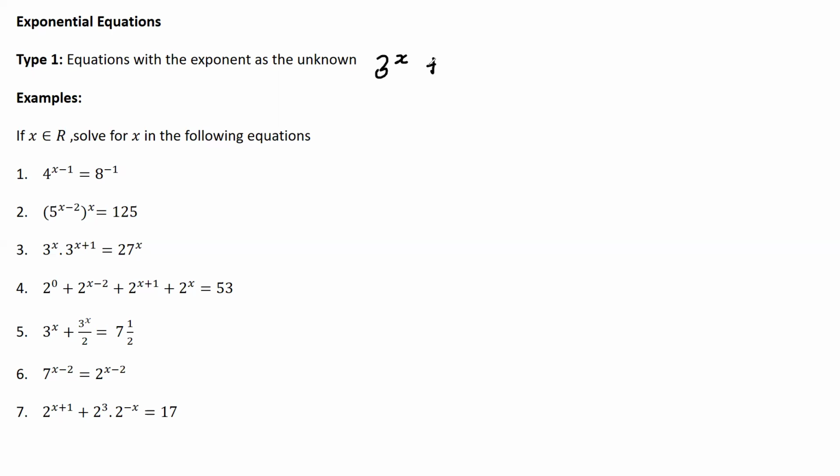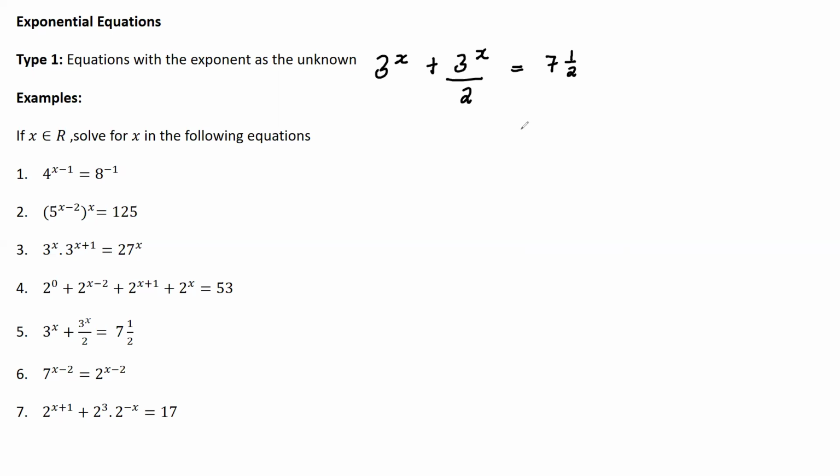3 to the power x. All right. Ooh, interesting. 3 to the power x again, but this time over 2 is equal to 7.5. That's what you have right there.